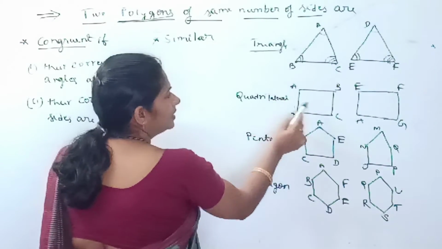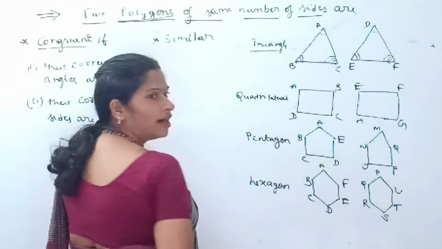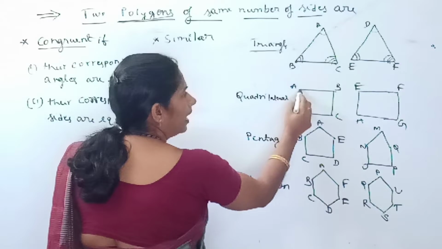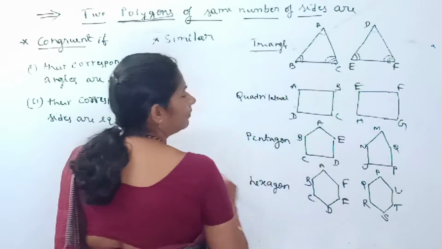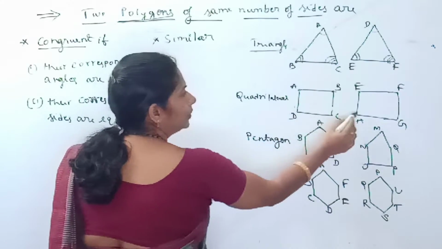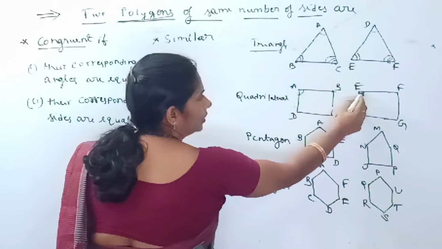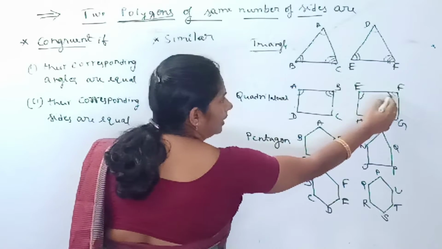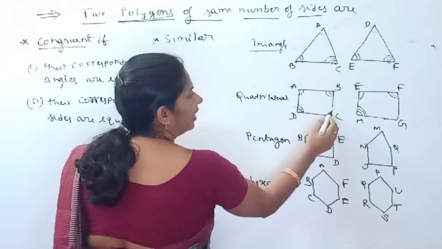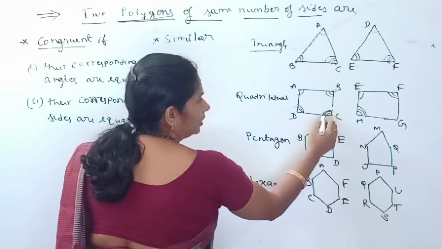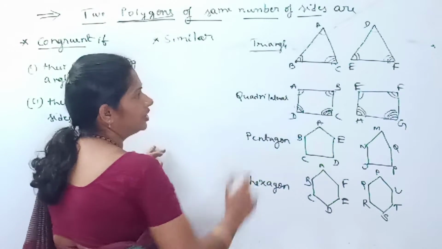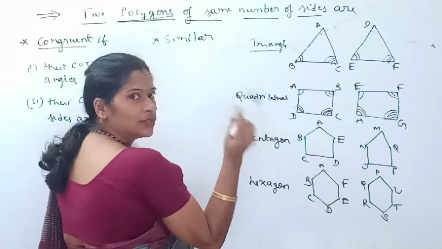Now when can we say that these two quadrilaterals are congruent? Their corresponding angles are equal. Angle A equal to angle E, angle B equal to angle F, angle D equal to angle H, and angle C is equal to angle G. And one more condition, corresponding sides are also equal.